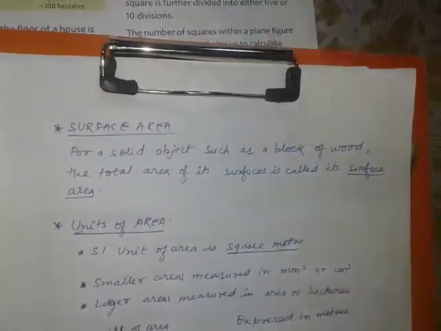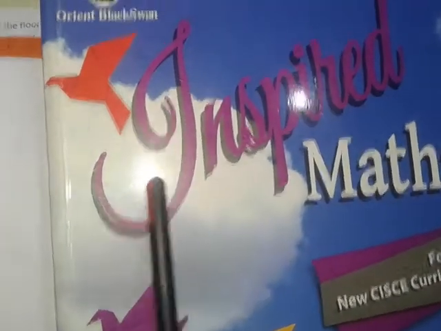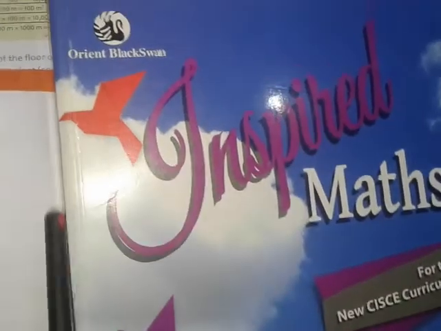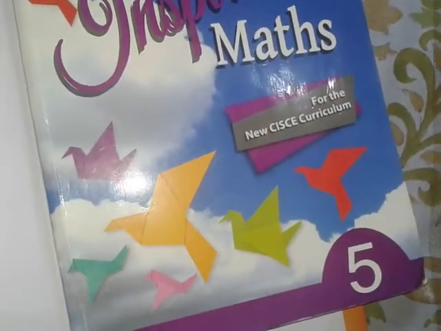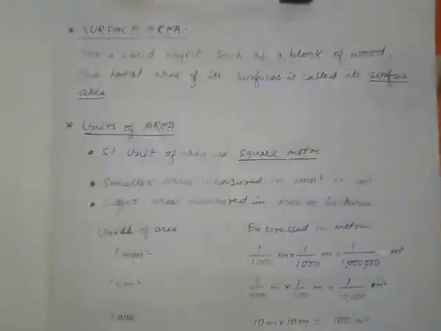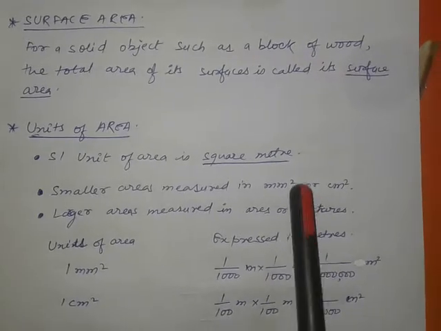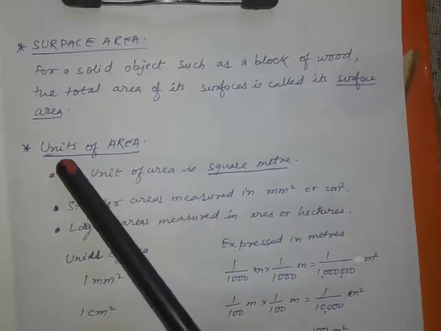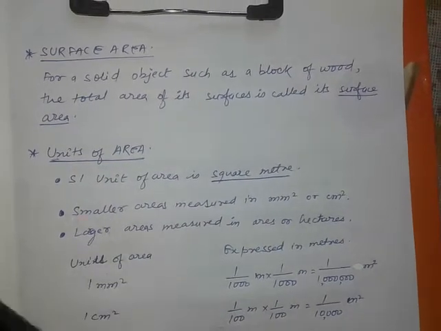Suppose this is your book, it has 6 surfaces: this is one, two, three, four, five, and the back side is six. We have to find the area of all 6 surfaces and add them, then we get the surface area of that solid object.